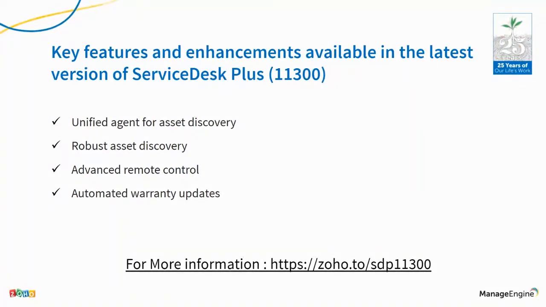As the first step, the Desktop Central and Service Desk Plus agent is right now unified. Doesn't mean that you have to purchase Desktop Central when you purchase the Service Desk Plus. That's not the intention. But the agent will be one agent, even if you use just the Service Desk Plus, or if you're going to use Desktop Central and Service Desk Plus together. So one agent for both these products, unified agent for asset discovery on both these products. And you will have a remote control all the time.